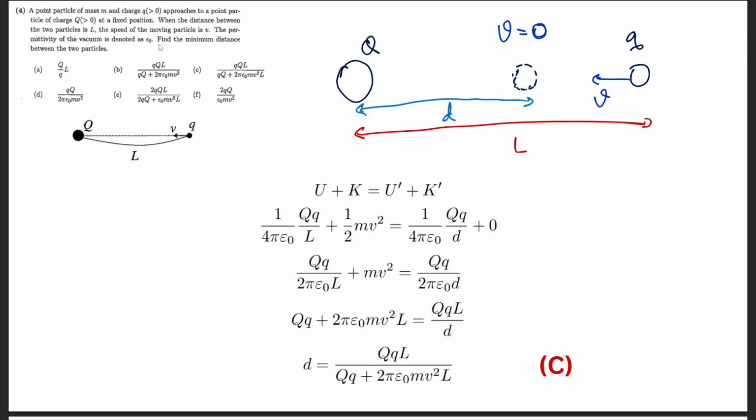So let's say that the minimum distance is d, and d is when the speed v is equal to 0. The speed reduces as it goes towards the big Q.